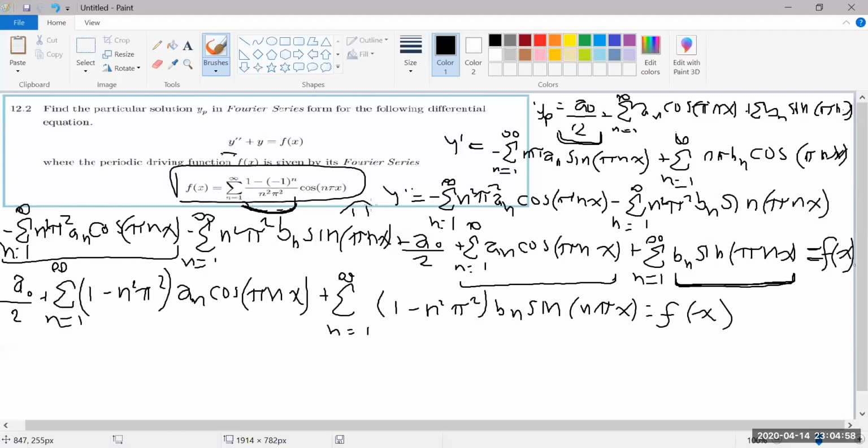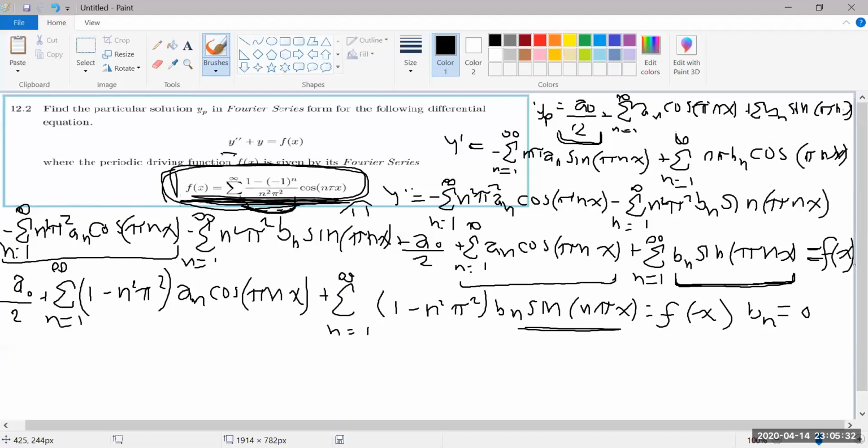Okay, so I like to think about it like this. Looking at this, do you see any sine terms in your Fourier series? No. So there's nothing that your b sub n could equal that's going to make this sine term a cosine term. That's not how numbers work. So we know that our b sub n has to be 0, because we have no sine terms on this side of the equation.